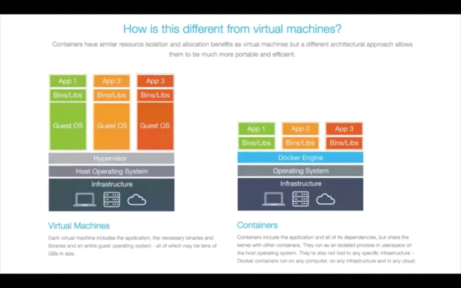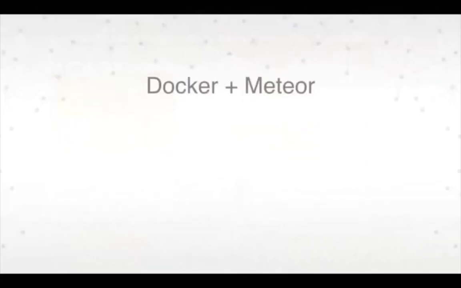So that's the idea there. The big obvious gain is that if it works on one server, you can expect that it'll work identically on another server. There's a very short list of exceptions to that statement. So yes, that's Docker in a nutshell.